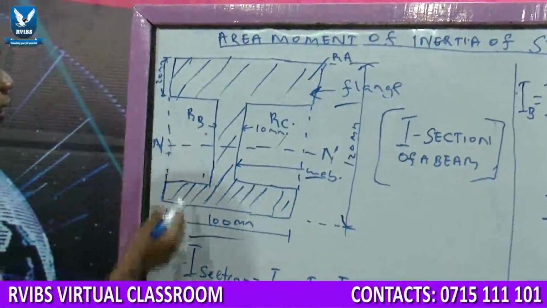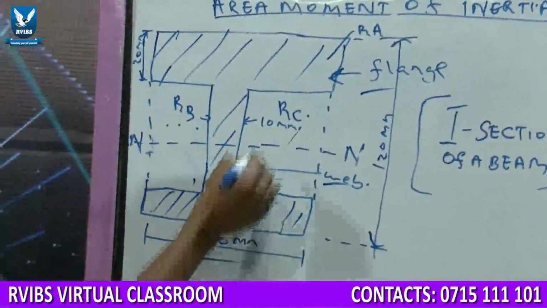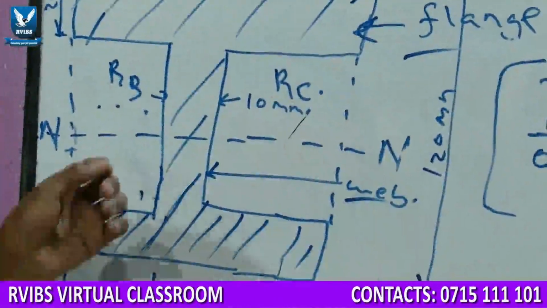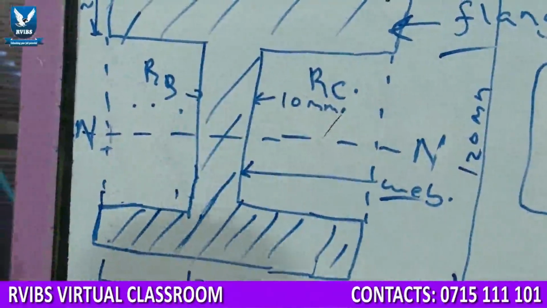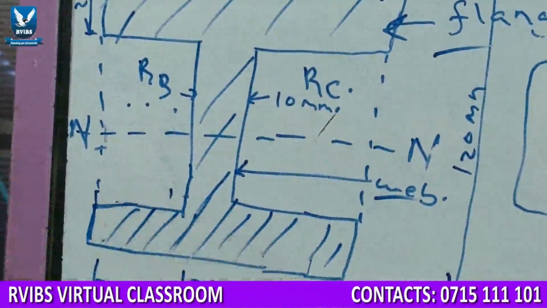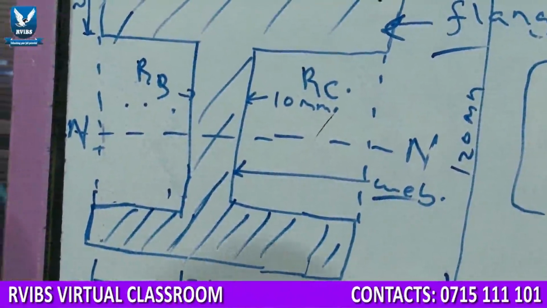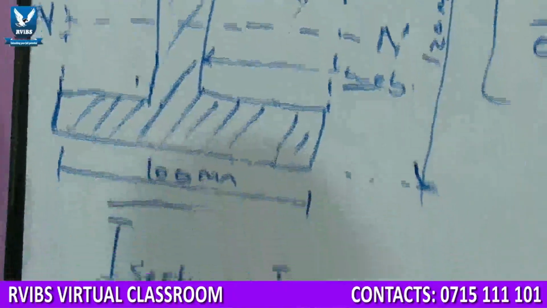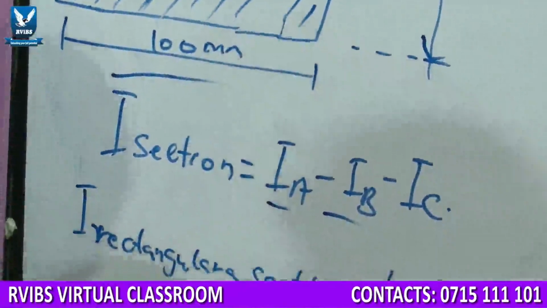In the same way rectangle B is symmetrical about the neutral axis, and rectangle C is also symmetrical about the neutral axis. So it is correct to say that the moment of inertia of the section will be given by the deduction of the moments of inertia of B and C from the moment of inertia of rectangle A.